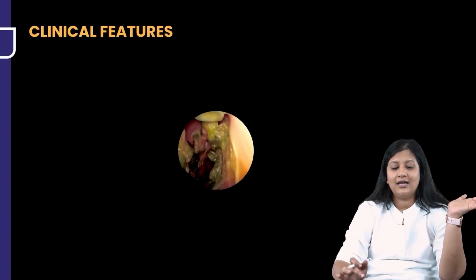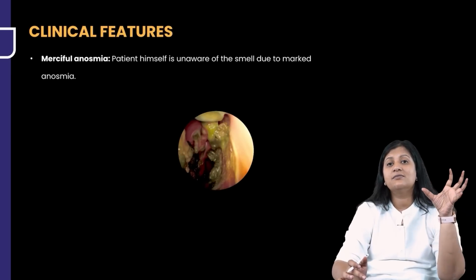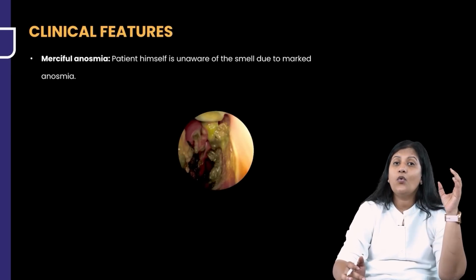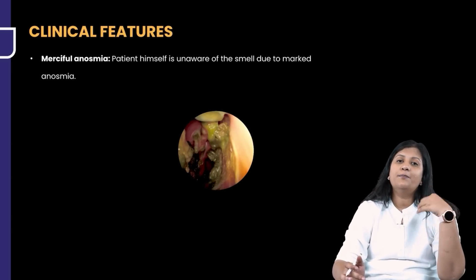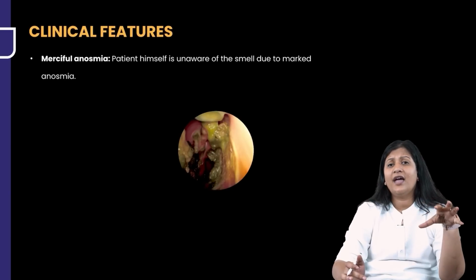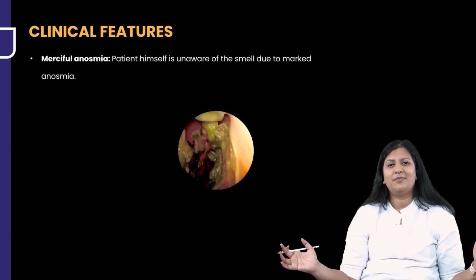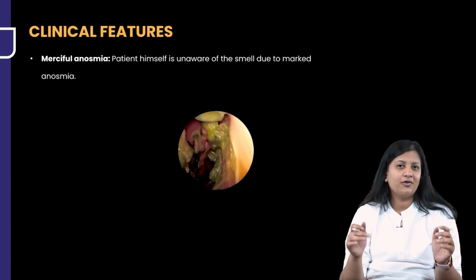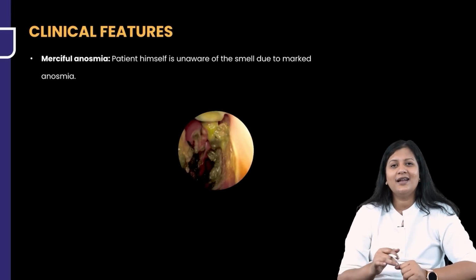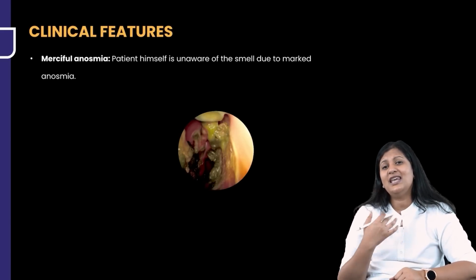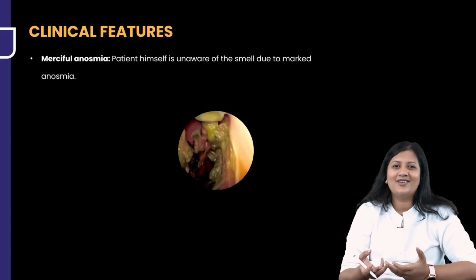Typically what we see here is something called merciful anosmia. What is merciful anosmia? The patient himself is unaware of the foul smell coming from the nose, but the people surrounding the patient tell that there is some bad smell coming from this patient. What will we call that?